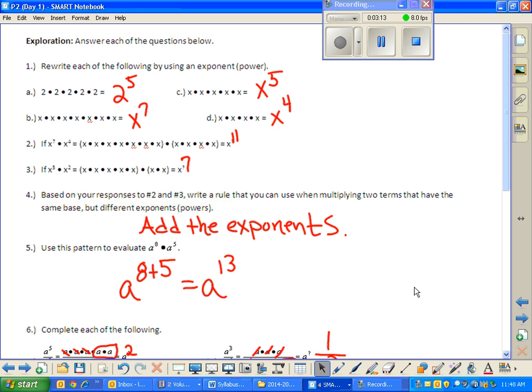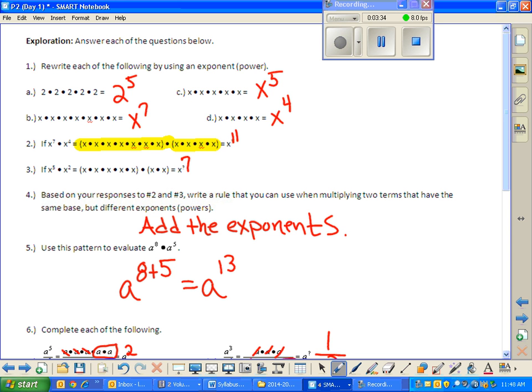So for number 2, if you take a look at it, you have x to the 7th times x to the 4th. If you have x to the 7th, that's x times x times x times x, 7 times. X to the 4th would just be x times x times x times x. And then we're multiplying those two things together.